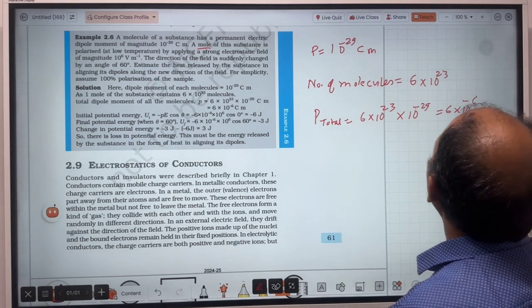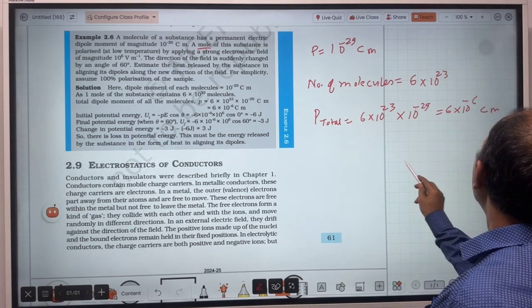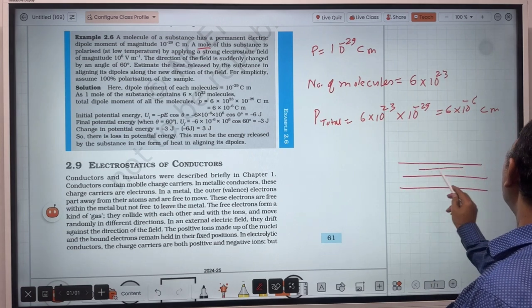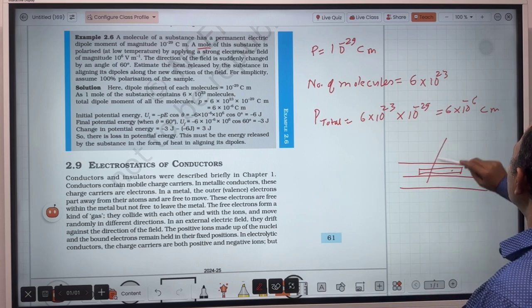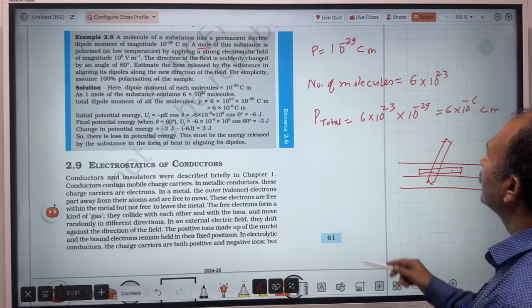So we have got the total dipole moment, and now the situation is shown: this is the direction of the electric field. Initially the dipole is like this, but later its direction is changed like this. So in two cases we have to find the potential energy.